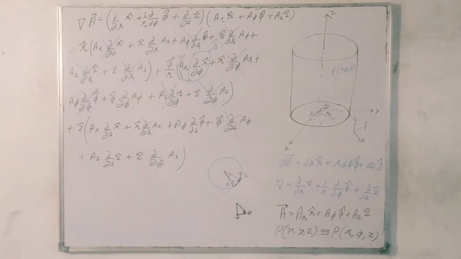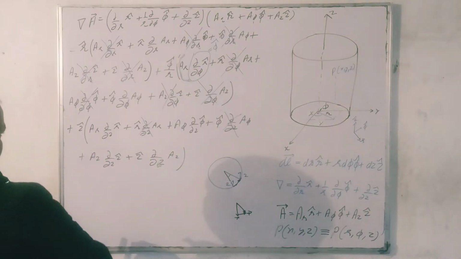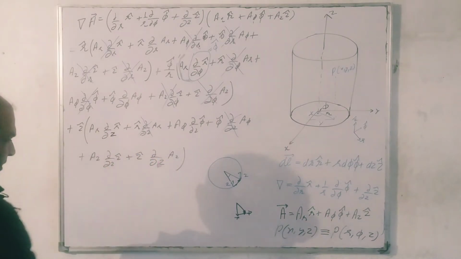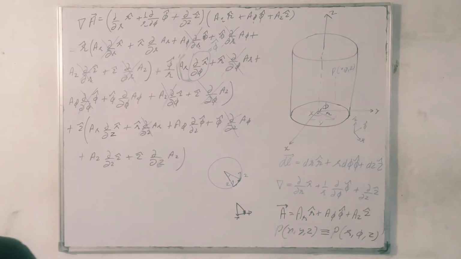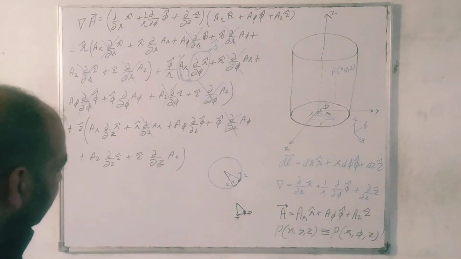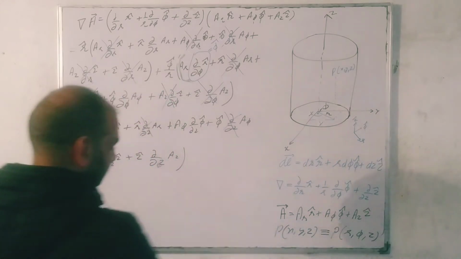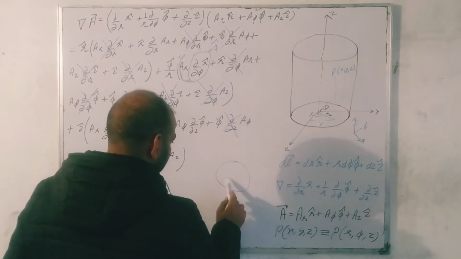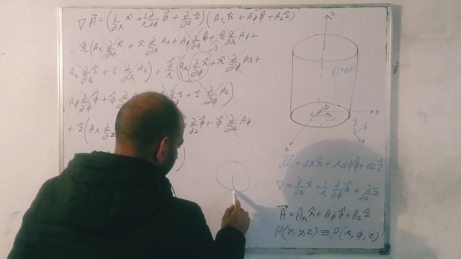Okay. Next is the change in r cap with change in z. So what is happening here? Okay, this is our ring, this is our radius.